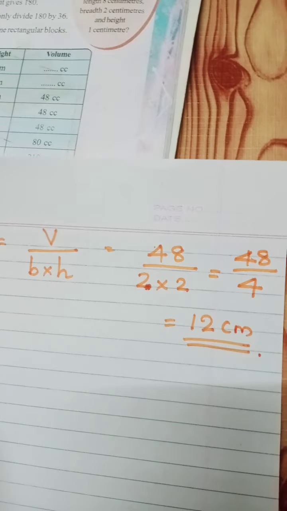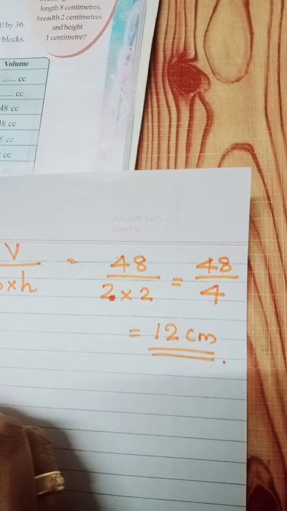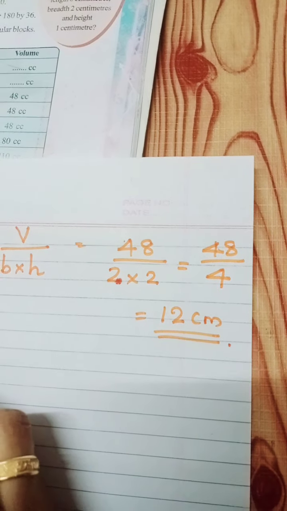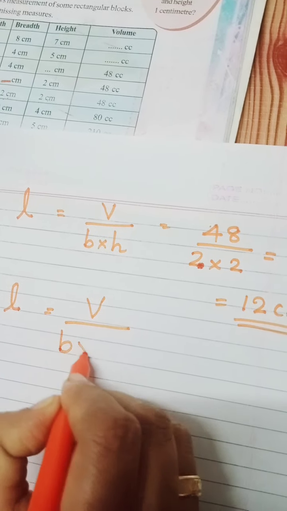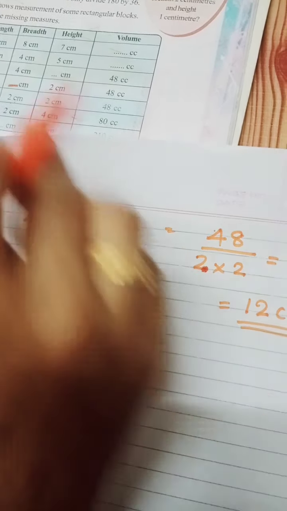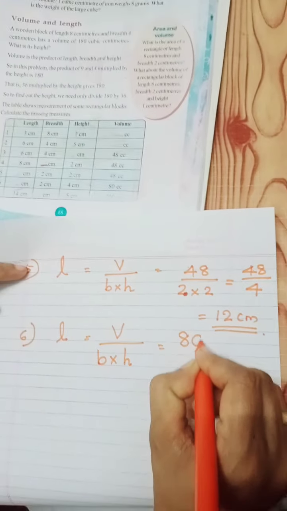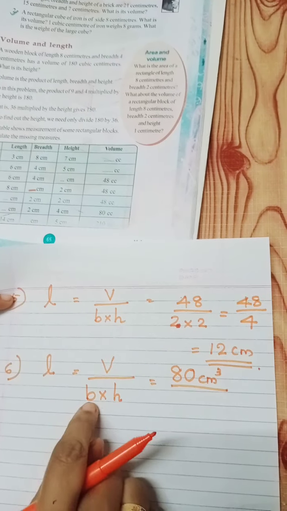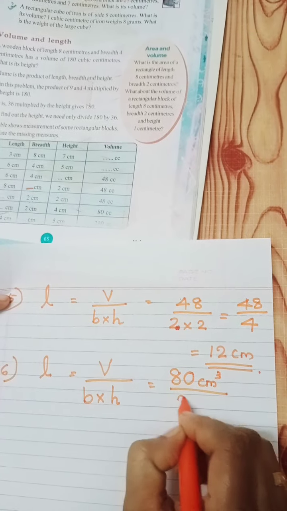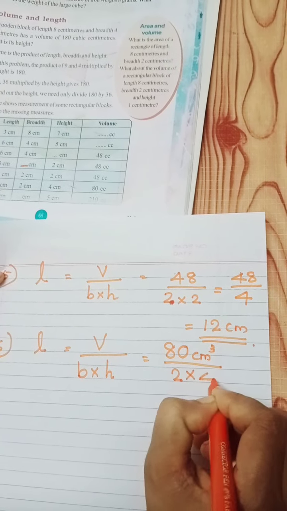Let's move to question number 6. Sixth question, you have to find out the length. So let's use the same equation, volume by breadth into height. Volume is given as 80 centimeter cube divided by breadth is equal to 2 centimeter and height is equal to 4 centimeter.